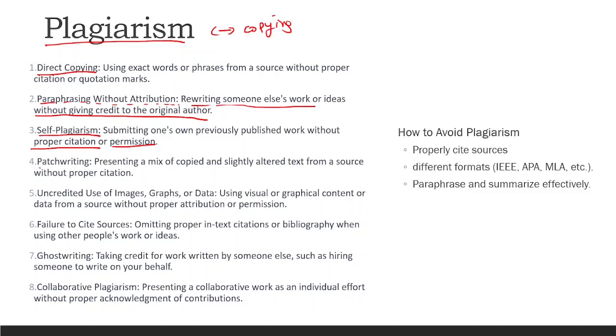You cannot patch write. Patch writing means mixing and copying from multiple sources without proper citation. So if you have different papers, you copy one line from one paper, another line from another paper, you call that patch writing. You cannot use images, graphs, or data without crediting the original author.